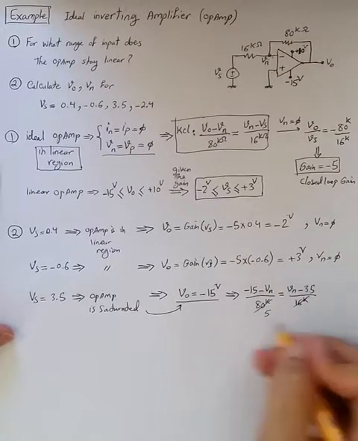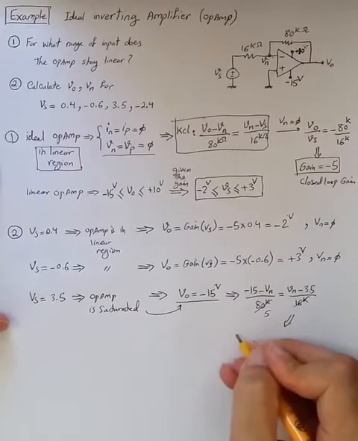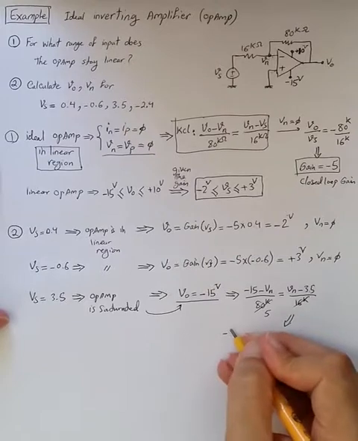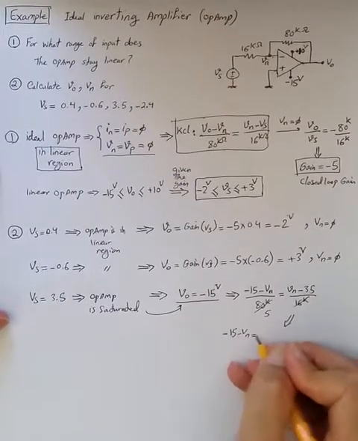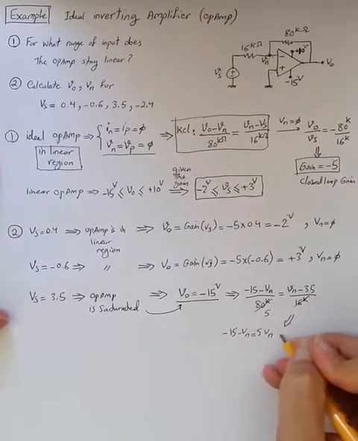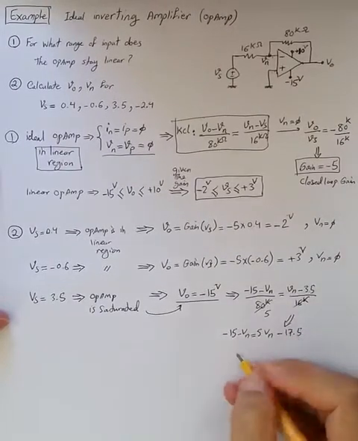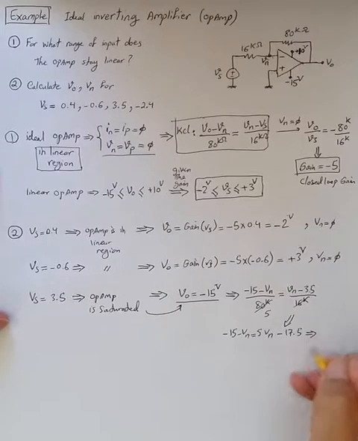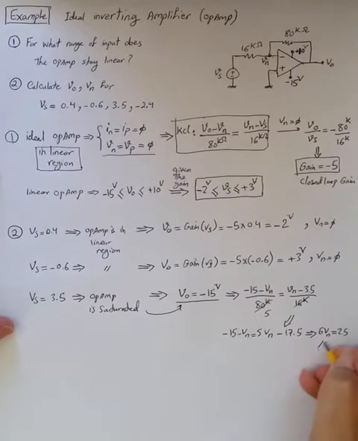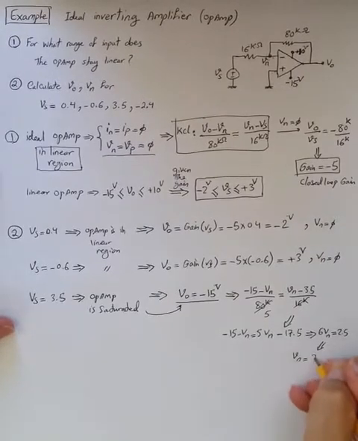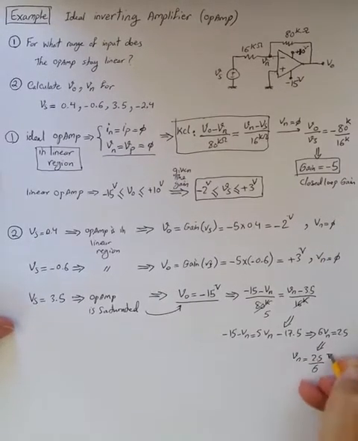So from here minus 15 minus Vn equals 5 Vn minus 17.5. So we can say 6 Vn is equal to 2.5, so Vn is 2.5 divided by 6 volts.